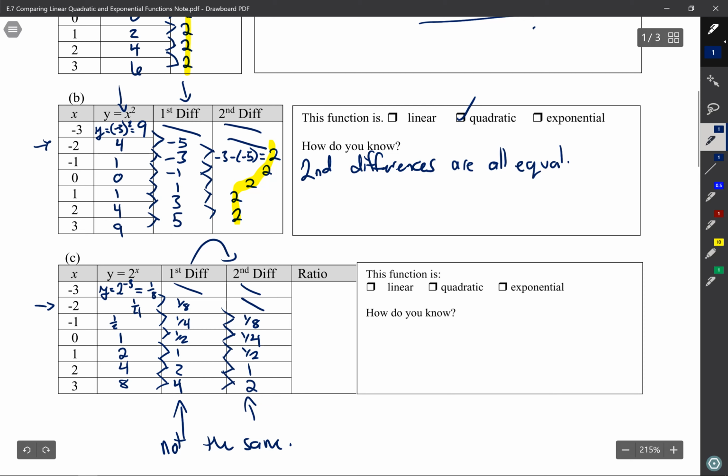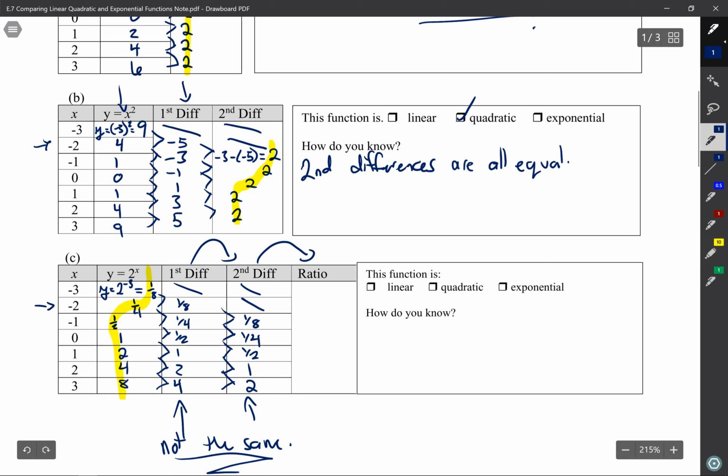But I notice again, my second differences are not the same. That means I move on to my ratio. Okay, so this time for my ratio, I'm going to do something a little bit different. Now what I'm going to do is work with my y values here.